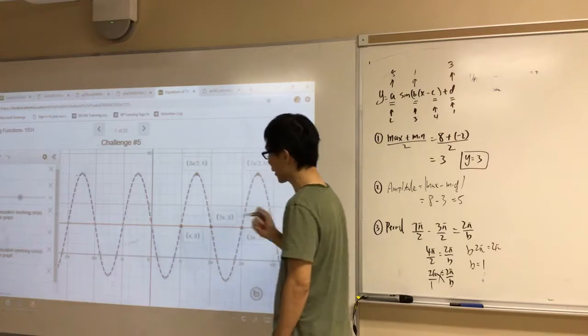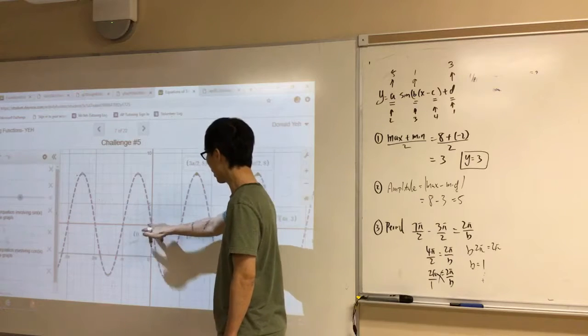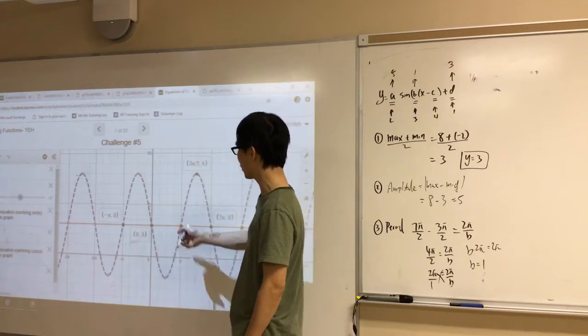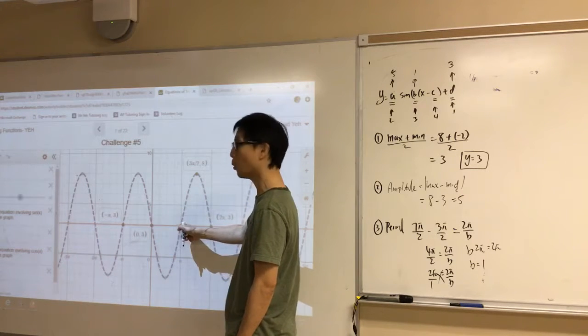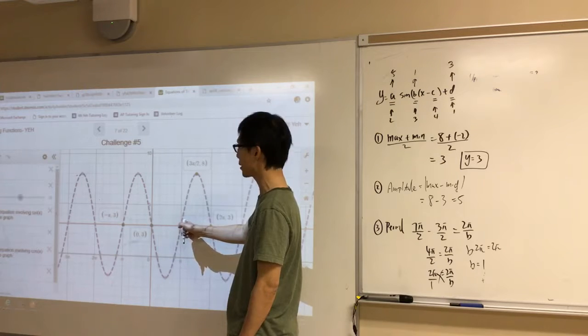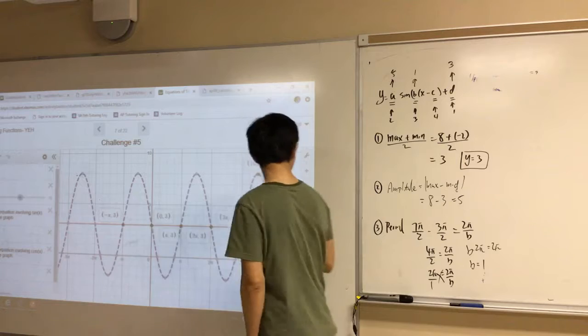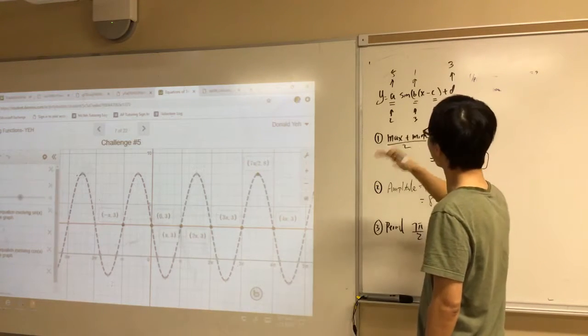There's obviously a better one to choose. I will pick the one that's closer to the y-axis, and let's pick this one. Why this one? Because this is going up. Sine going up is positive.